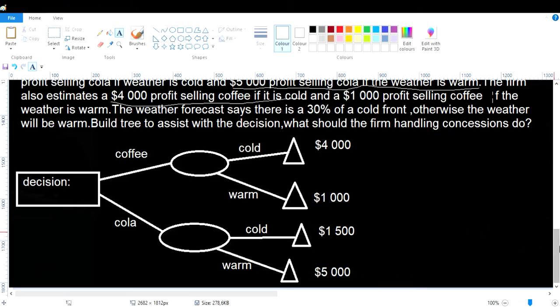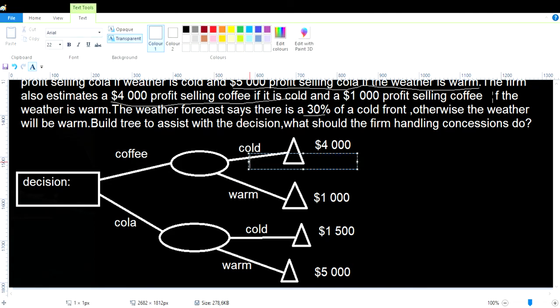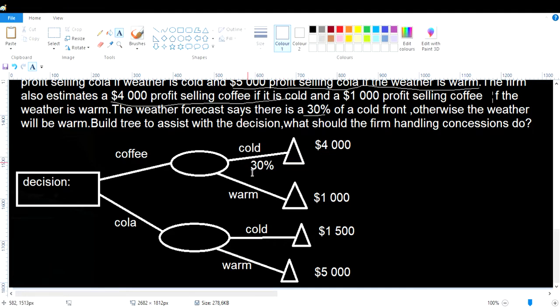And here we are given a probability which is 30% of a cold front. So here I'm going to write 30%. There's 30% of cold front, otherwise the weather will be warm.